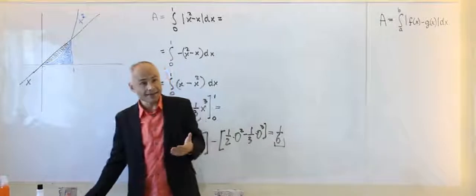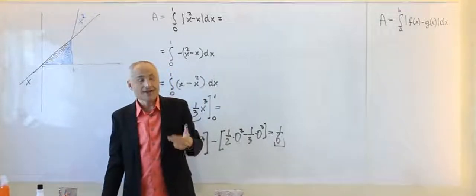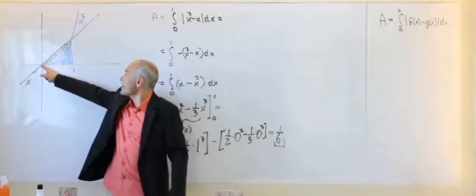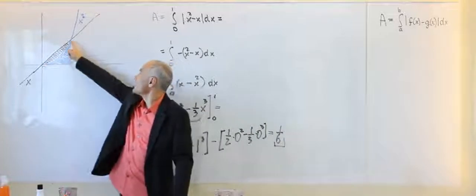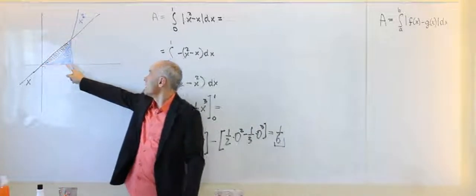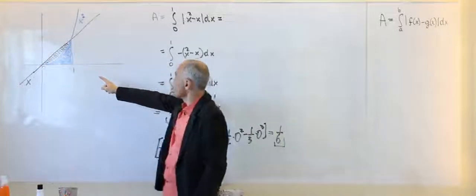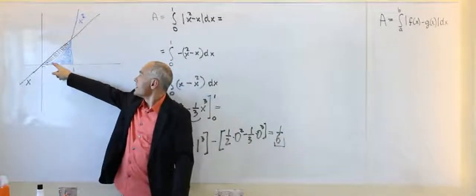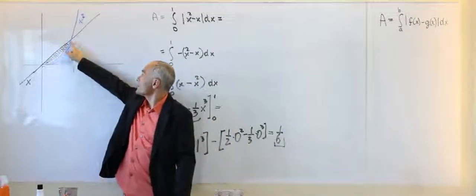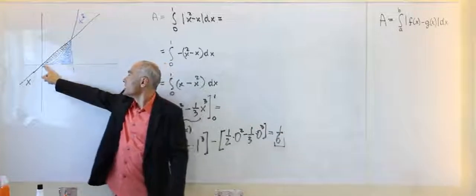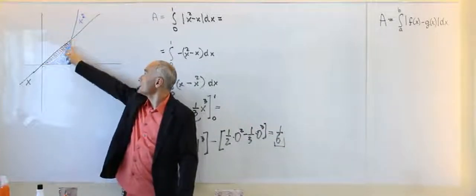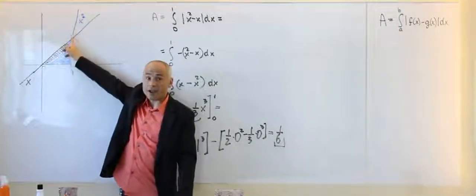So I could calculate the area under the black function g of x and then subtract the area of the region bounded under the function x squared.